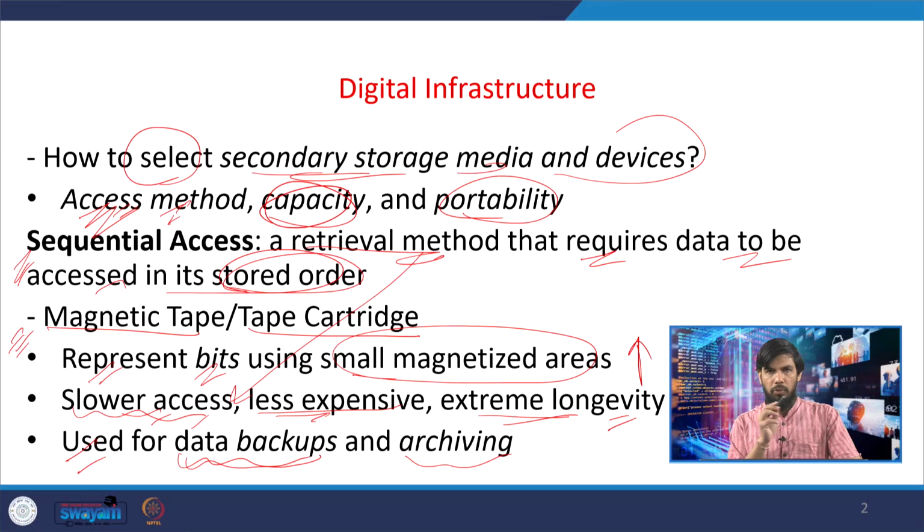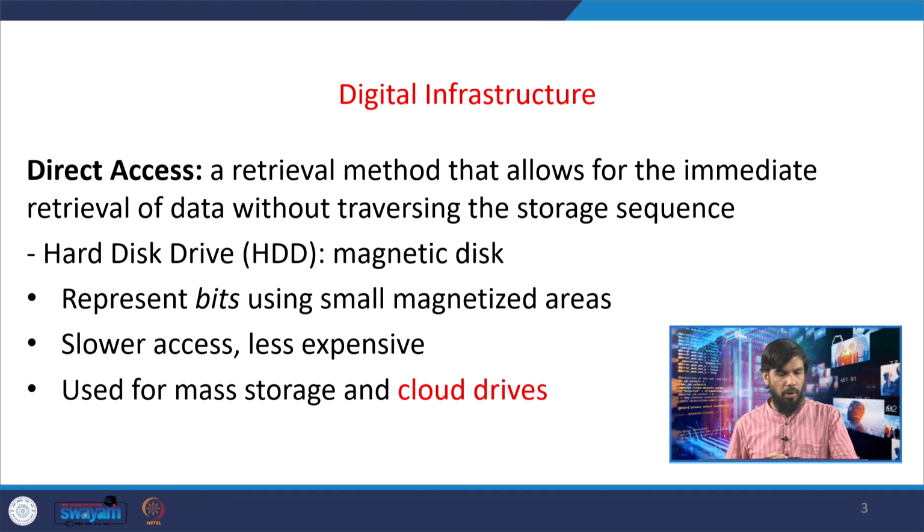That makes it slower, but given extreme longevity, it is quite useful for data backups and archiving. So, this was sequential access that we talked about in the last session.